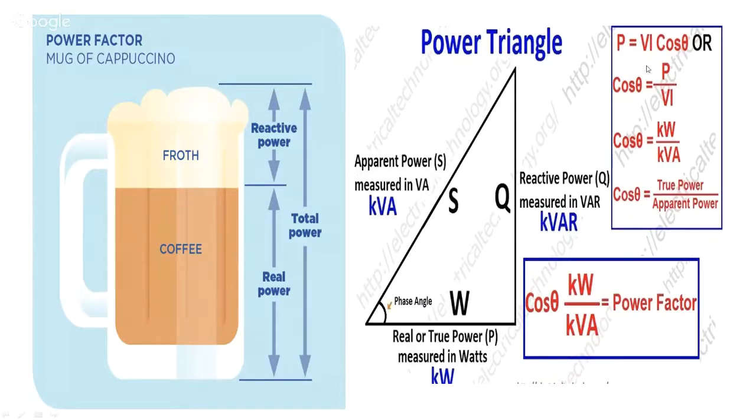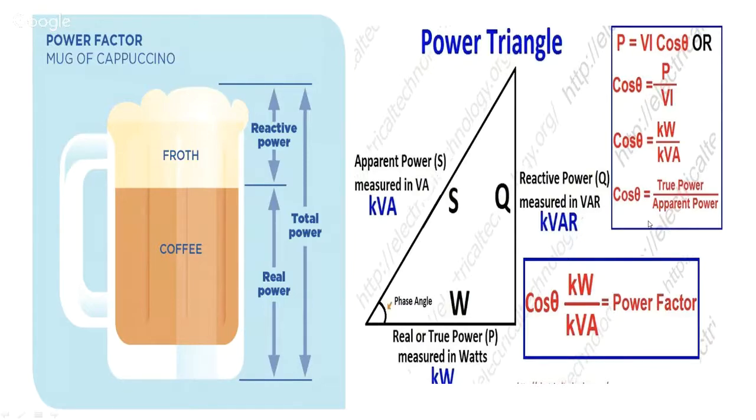We know the unit of power is kilowatts and the unit of VI is kVA, because voltage is in volts and current is in amps, so it is V into A. Since we are considering the bigger units, we are taking kilowatt by kVA. That means the power factor is the ratio of true power by apparent power.